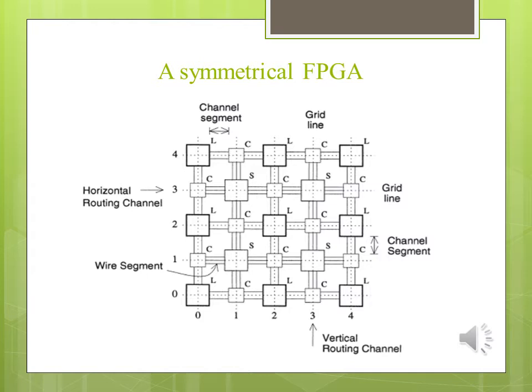It consists of two types of blocks called the connection block or C block, and the switch block or S block. The C block holds routing switches that serve to connect the logic block pins to the wire segments, and the switch block allows one wire segment to be connected to another.